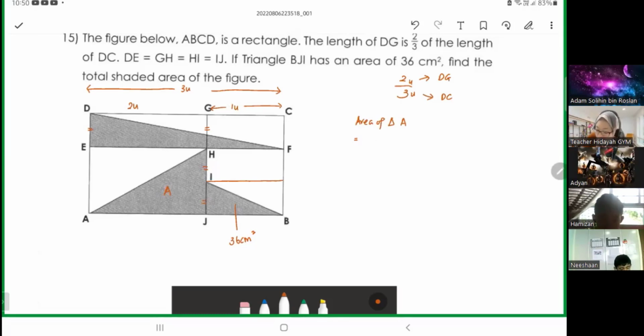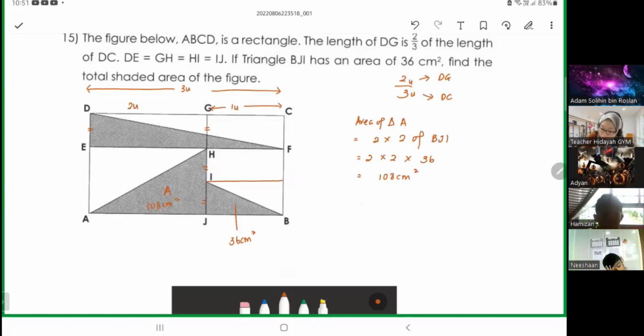So the area of triangle A is 2 times 2 of BJI, which is 36. That will be 108 cm squared. So this one is settled already.